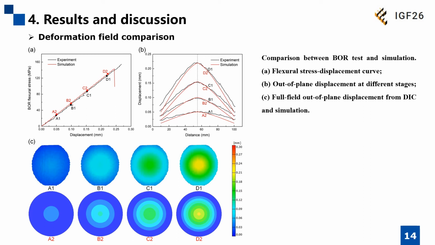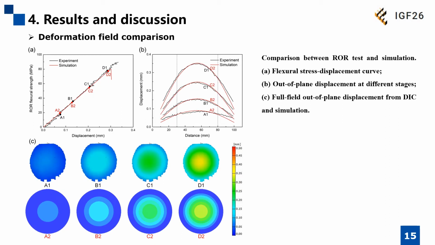It can be seen from this figure that both the flexural stress displacement curve and the displacement distribution of the specimens at different stages correspond well with the numerical results. Similar results can also be obtained by the ring-on-ring tests.